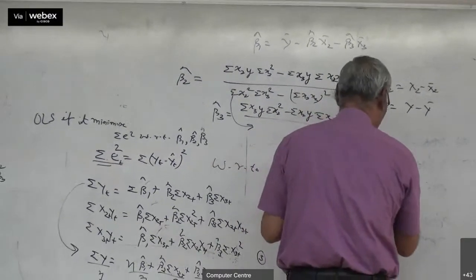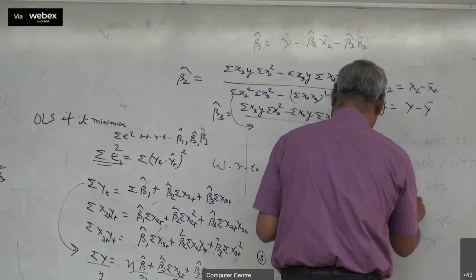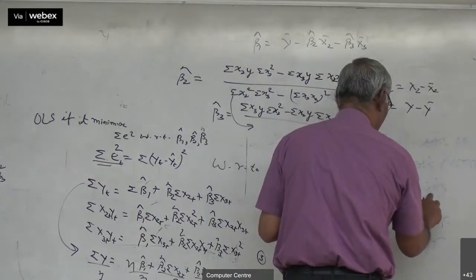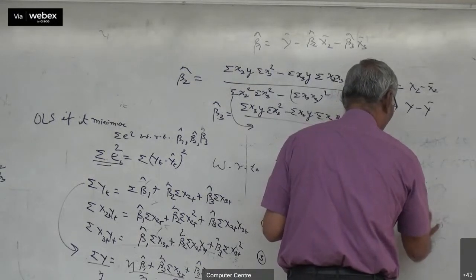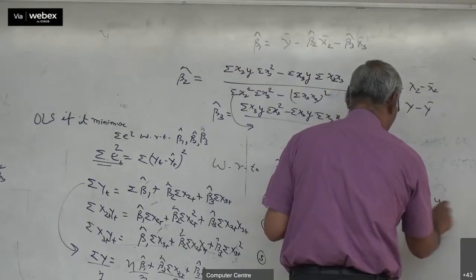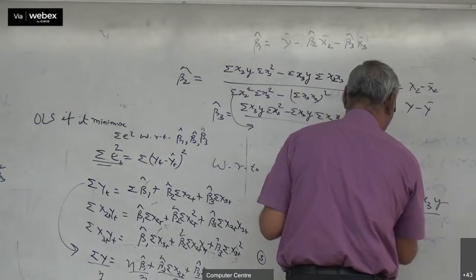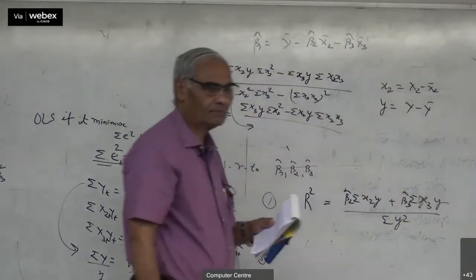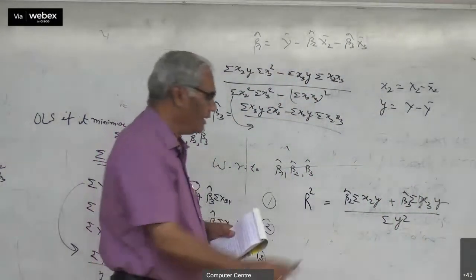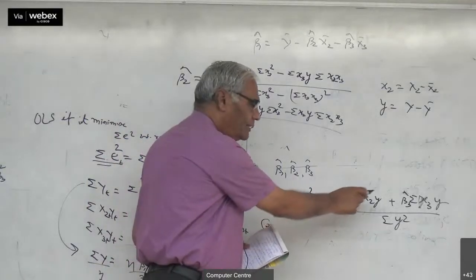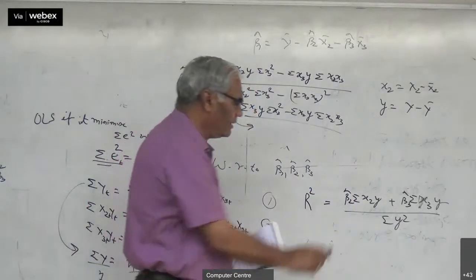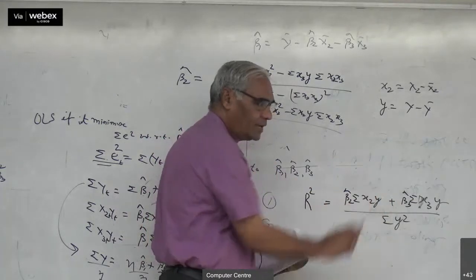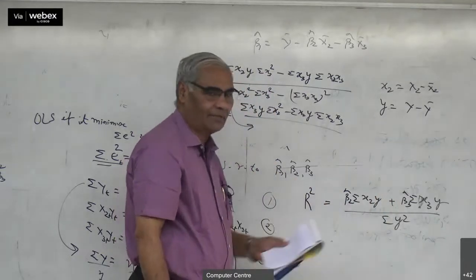plus beta 3 cap summation x3y divided by summation y square. That is, substitute the values of beta 2, beta 3 here: x2y plus x3y divided by summation y square.